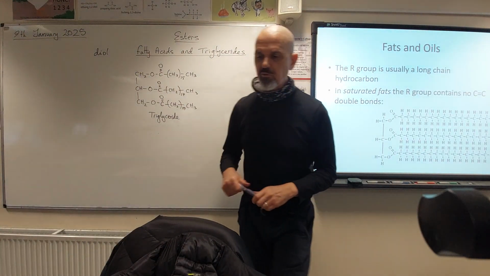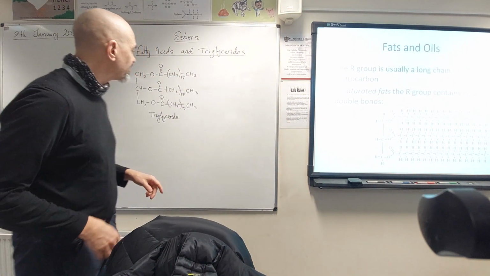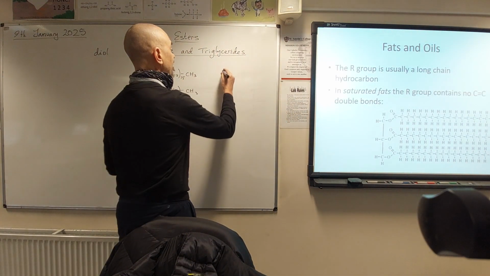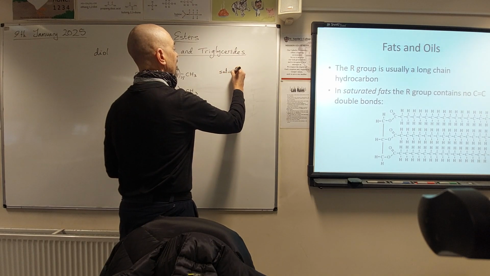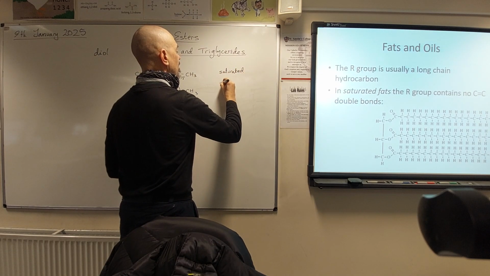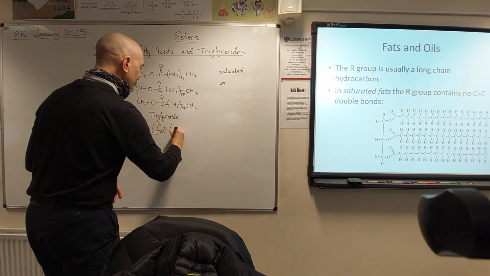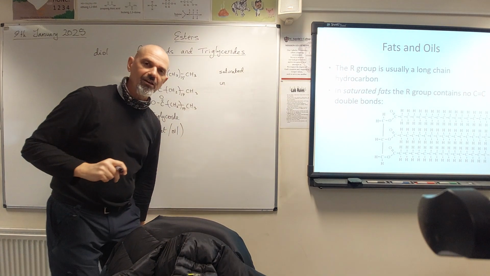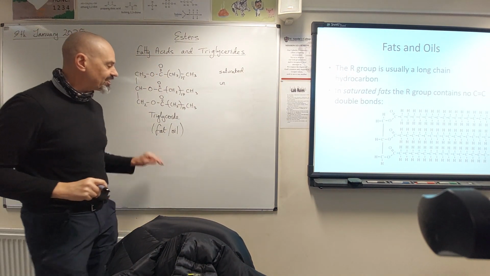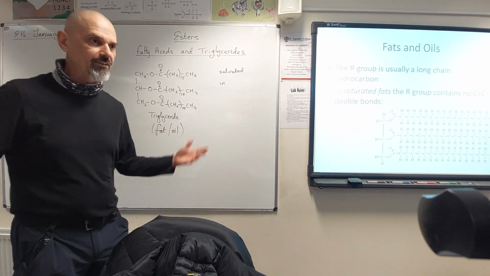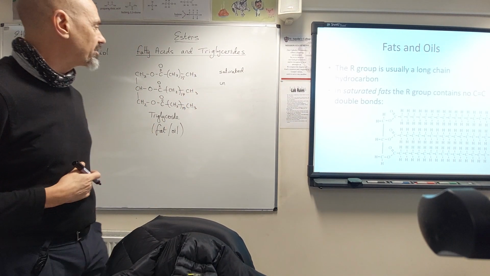Now, just before we get on to the next bit, it's the interesting bit, just a word about saturated and unsaturated fats. Sorry, did I mention that's a fat? A fat or an oil, sorry, for those of us that don't speak biology. The triglyceride molecule is the basic molecule of fats and oils that are found in nature and found in your body and so on.